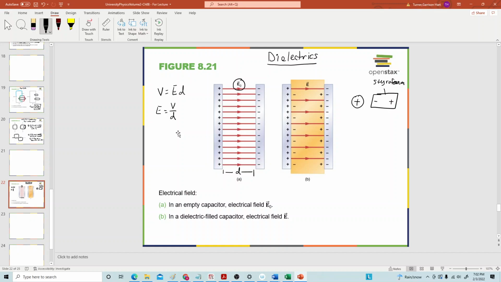So what will this do to the overall field in between the two plates?